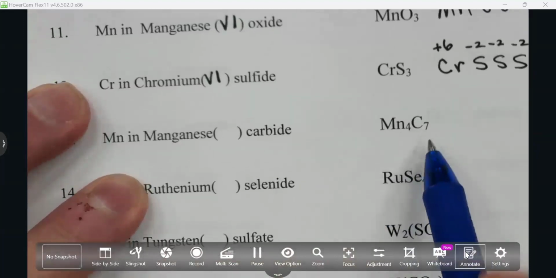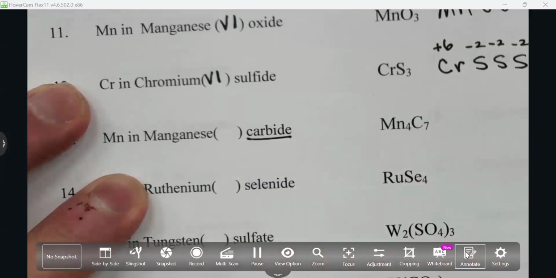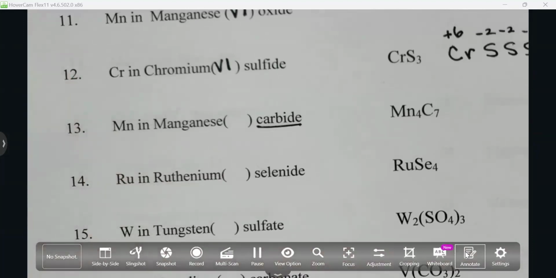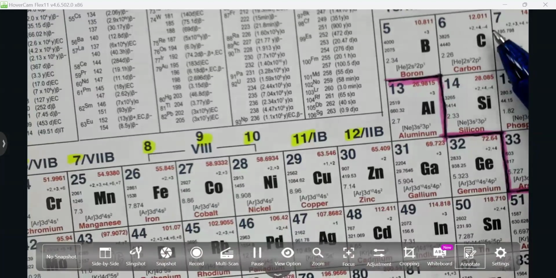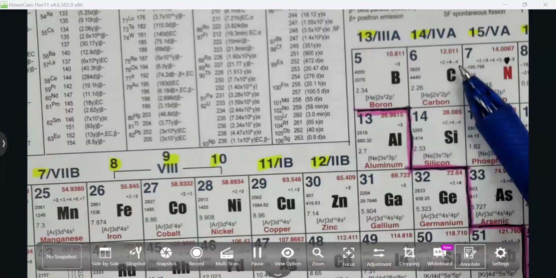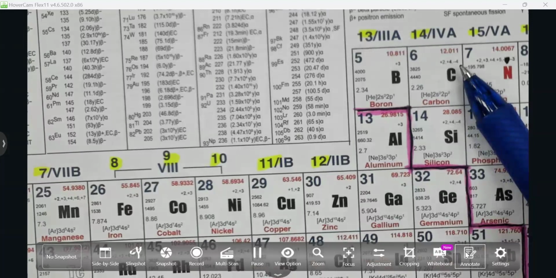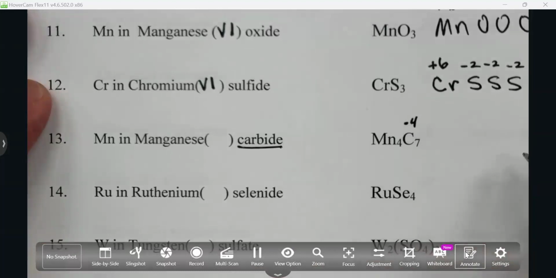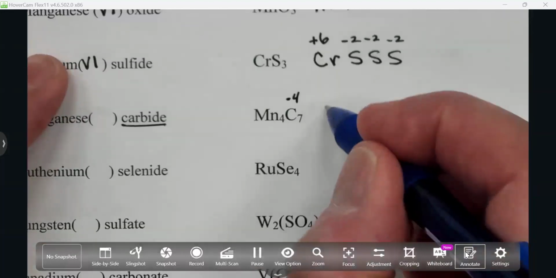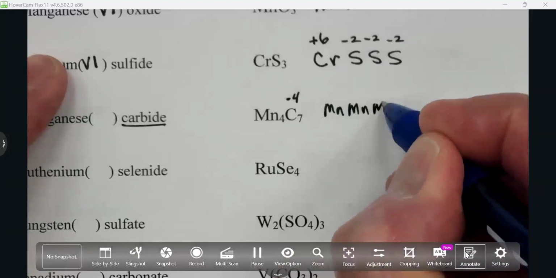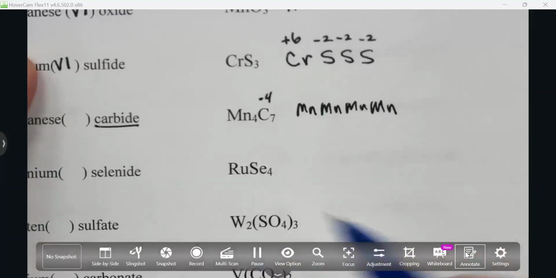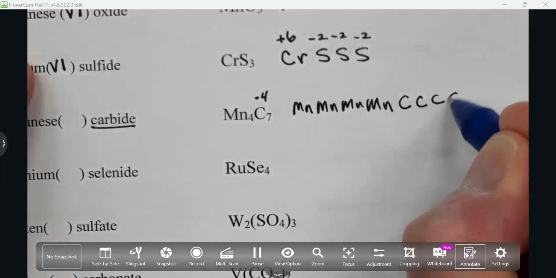Mn4C7. What's the charge of carbide? -4? Okay. -4. I don't want to write. I guess I could write them all out, huh? Oh, man, I guess. Mn, we would need 4 of these, right? 4 manganese. Slam down 7 carbides.